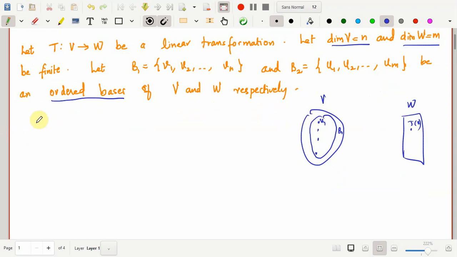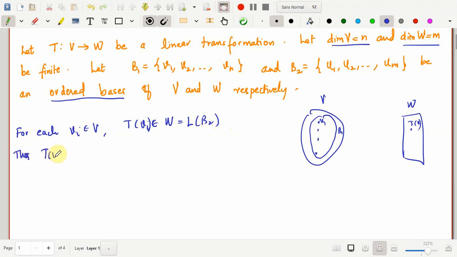This is the observation: for each vi in V, T of vi will be in W, which is spanned by B2, and therefore we will have a representation of each T of vi in terms of the elements in B2. First I look at T of v1.